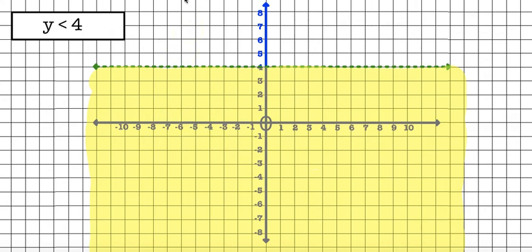So just be mindful that any point, any coordinate down here is a solution of y is less than 4.